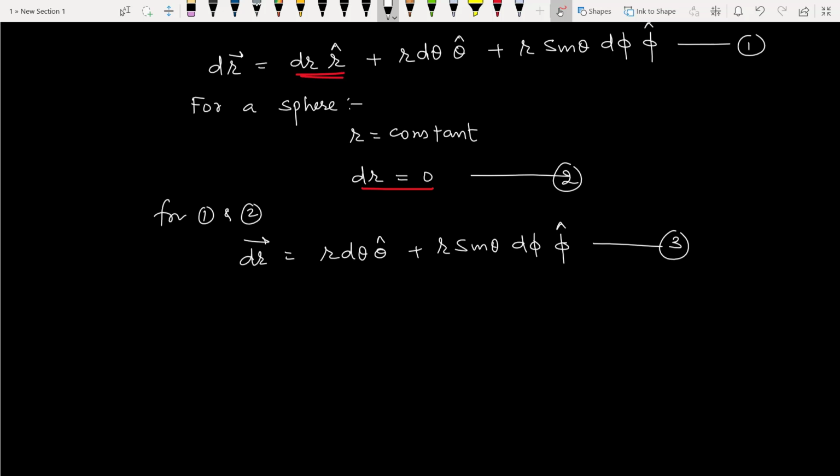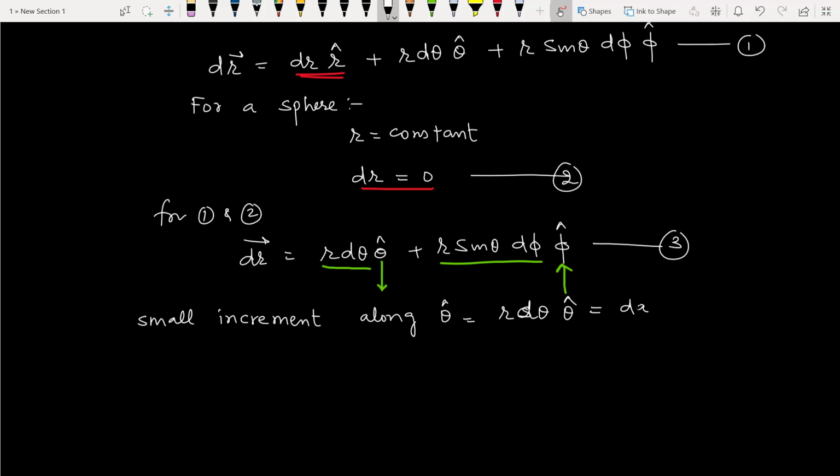On the surface of a sphere we have two increments. The first increment is in the direction of theta cap, the second is in the direction of phi cap. We write them one by one. Small increment along theta cap is r d theta theta cap, we mark it as dA vector.